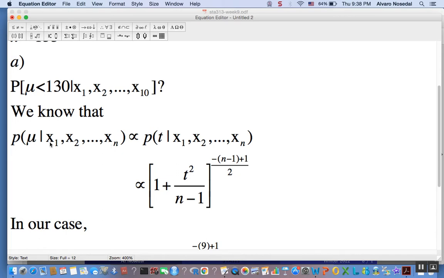So we transformed mu, we came up with this transformation to come up with another variable t. That transformation from mu to t was a linear transformation, and this one we were able to recognize.